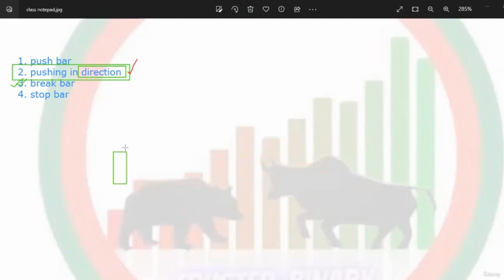If we divide this candlestick, first of all, how many parts? 4 parts. 1, 2, 3, and above 4.